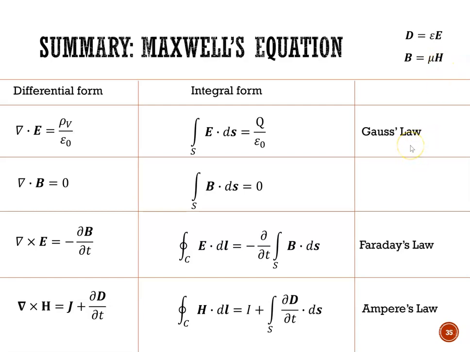Gauss's law is used to find the differential form and integral form of E and B, where you apply the divergence theorem. Then we use Faraday's law to find the curl of E, and Ampere's law to find the curl of H.